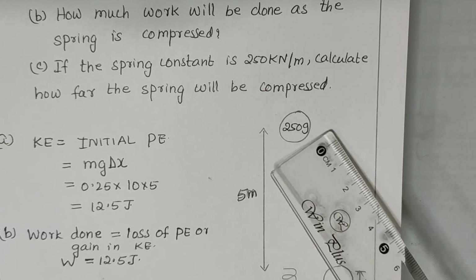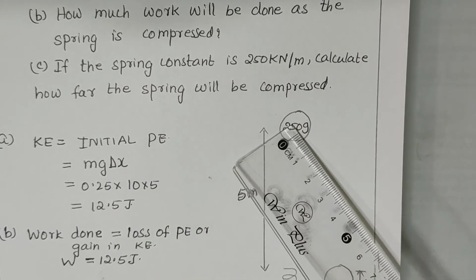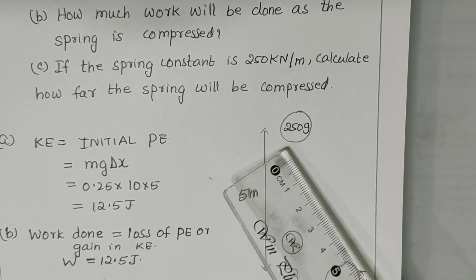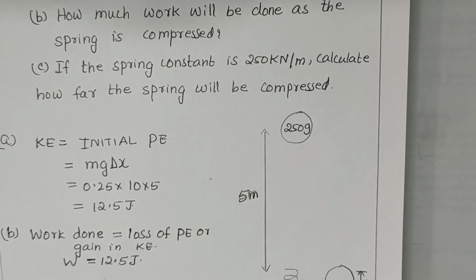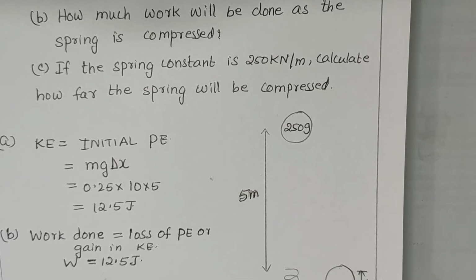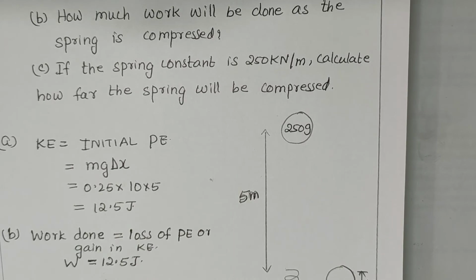So here we can assume that when it reaches the ground level, the amount of kinetic energy it possesses should be equal to initial potential energy. This is as per conservation of energy principle, which is equal to mgh.